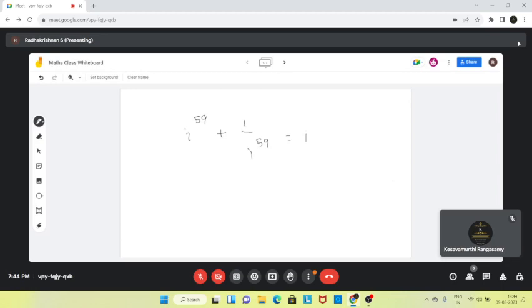So Santhana Mariraj, since you did it first, you explain how you did it. If I take I power 59 LC, I power 59 into 2 will come, sir. I power 2 is -1, sir. Then -1 the whole power 59 plus 1 divided by I power minus 59 is equal to -1, sir. -1 plus 1 is equal to 0.